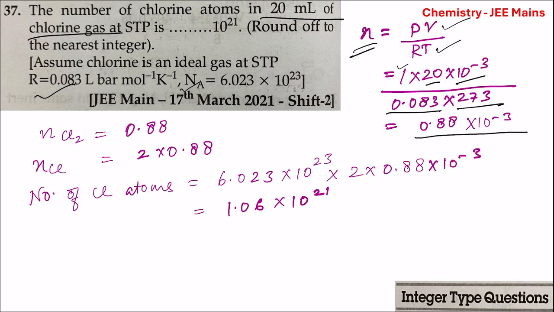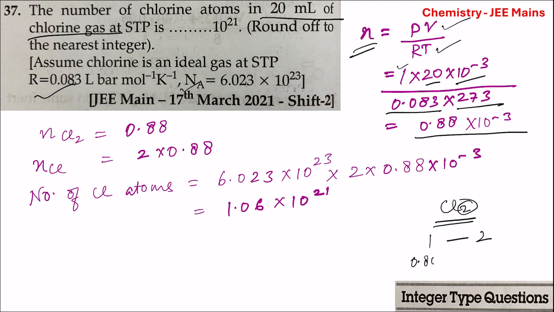Now, chlorine gas consists of chlorine molecules, and each chlorine molecule is made up of 2 chlorine atoms. So, 1 mole of chlorine molecule contains 2 moles of chlorine atoms.